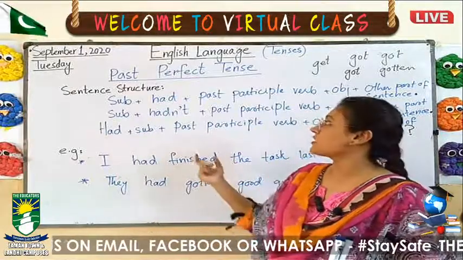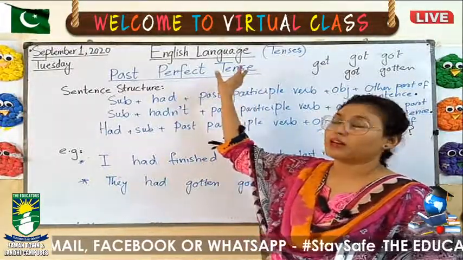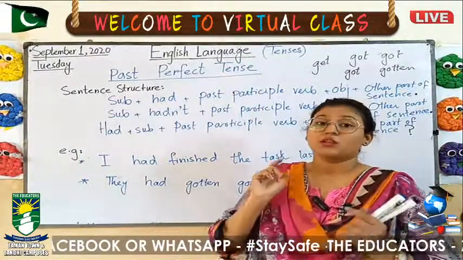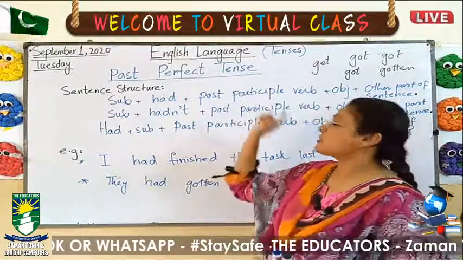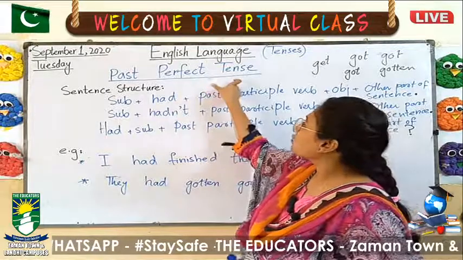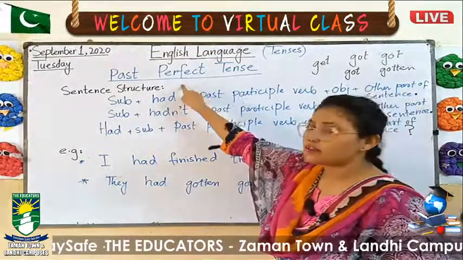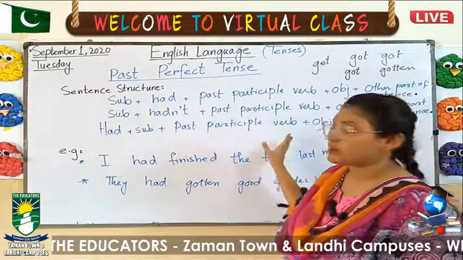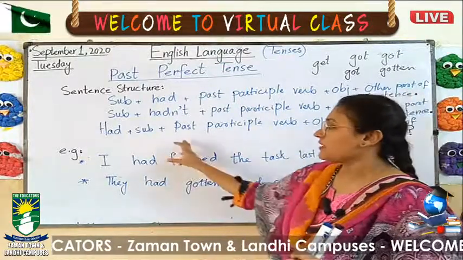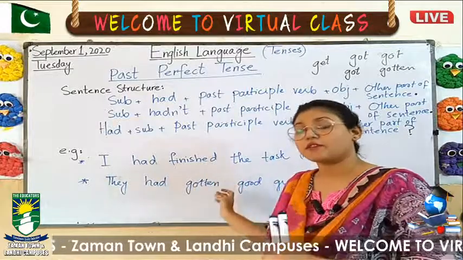Second, I will proceed. Past perfect tense, you have to prepare the title page, proper title page of tenses. Then the heading, you would be writing past perfect tense, and after that you would be writing sentence structures as I have written. Then examples you would be following from the board.